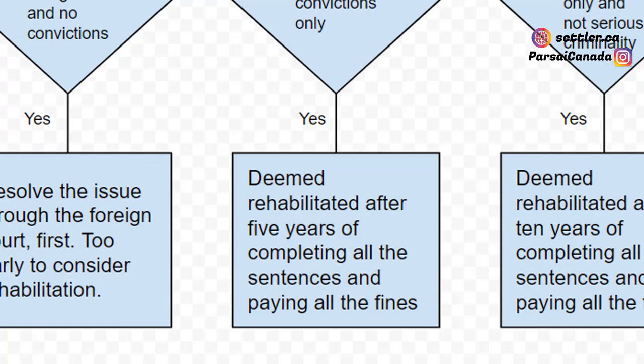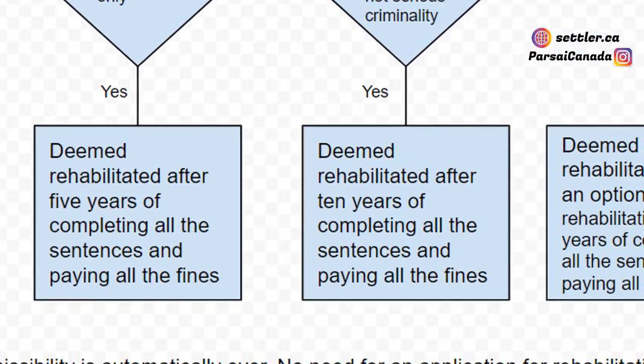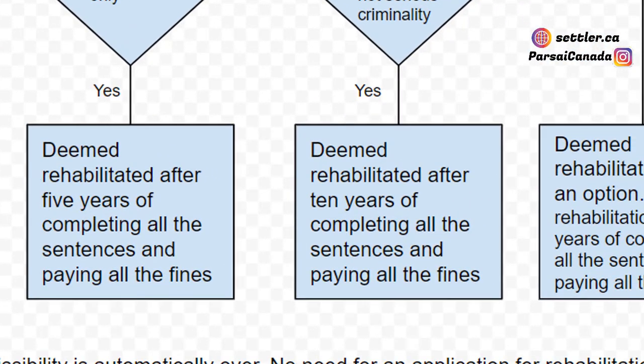But if you do not have two summary convictions, but in fact you have one indictable conviction, then in that situation, you are only deemed rehabilitated if at least 10 years has passed since the day that you completed all the sentences and paid all the fines.